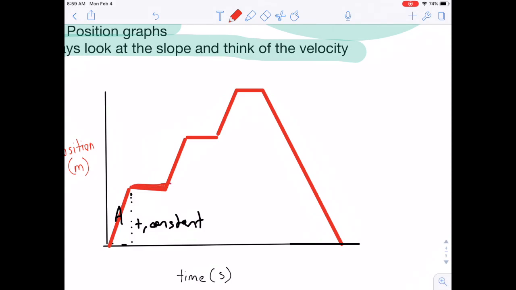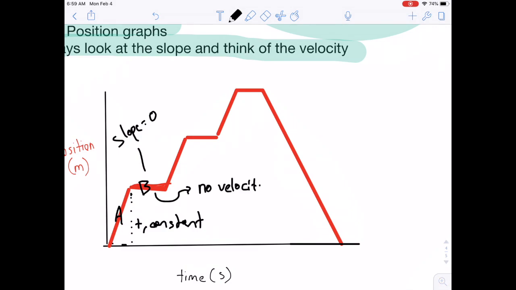And if it's a flat slope, and we'll call this section B, this means that the slope equals 0. Because if there's no rise, rise divided by run, 0 divided by anything is going to be 0. So that means that at B, there's no velocity.